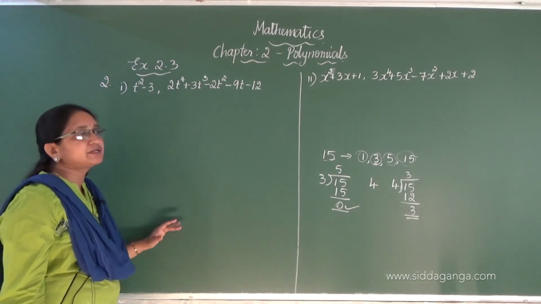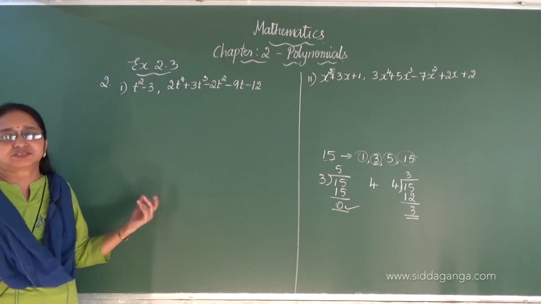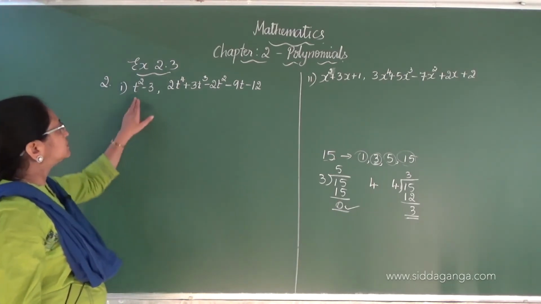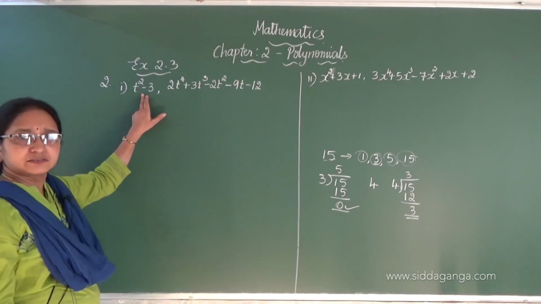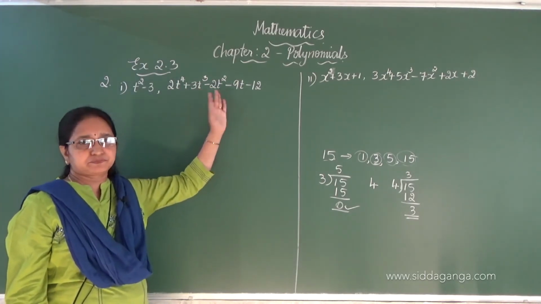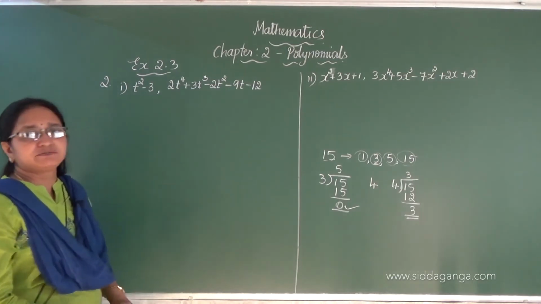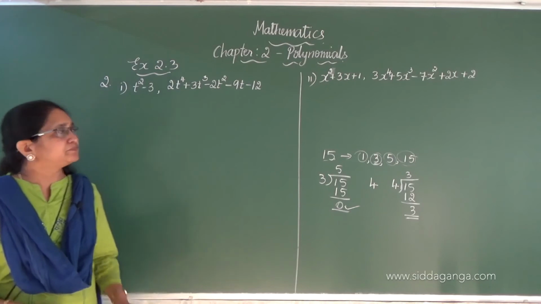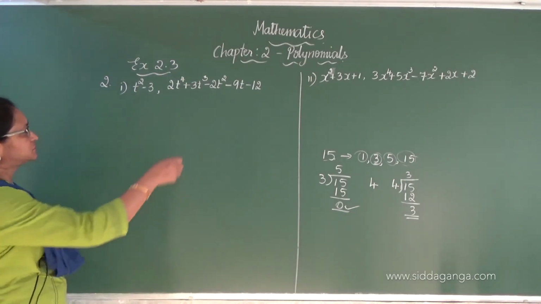Suppose if you get a remainder other than 0, then we can say that the first polynomial is not a factor of the second one. This is simple division which I already showed you in the previous example problems. So once again we will try to do this.